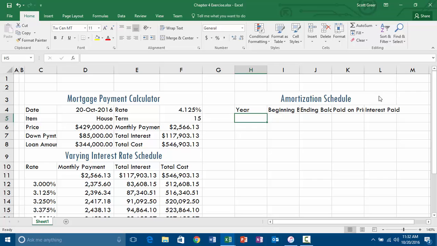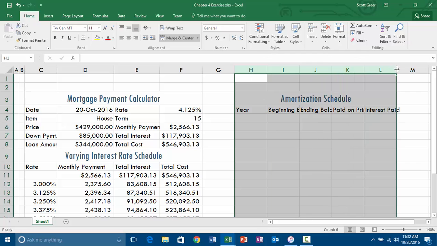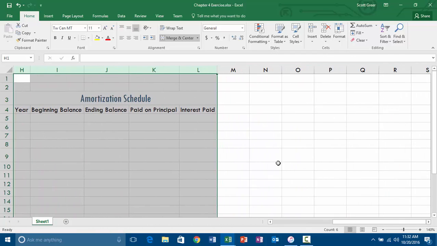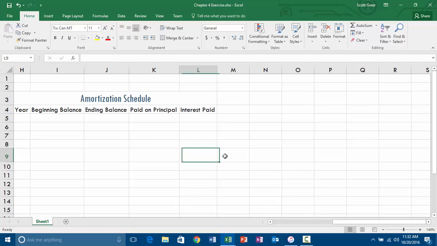Is everybody okay if I make everything else disappear except for this amortization schedule we're working on right now? It's okay if I scoot it over so we're just focusing on this part? I can see some confused looks. There's lots on the screen. Whenever there's a confused look, I'm here to help. We want to do a series for years.